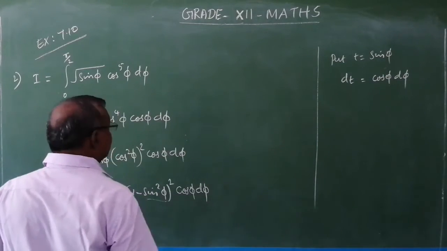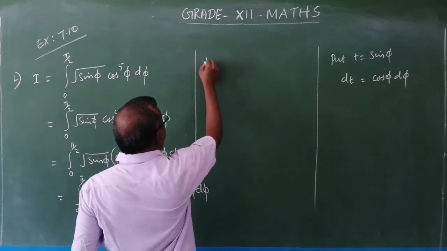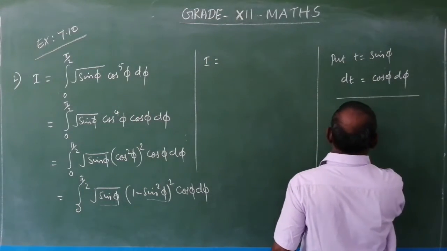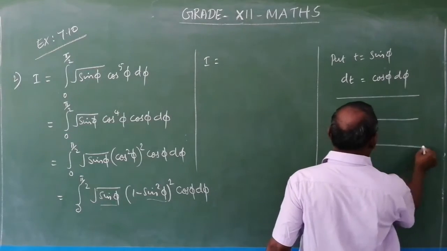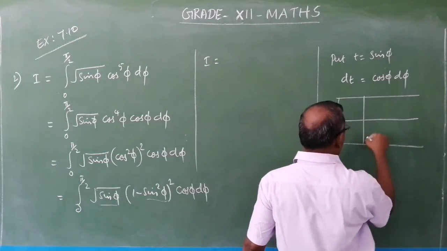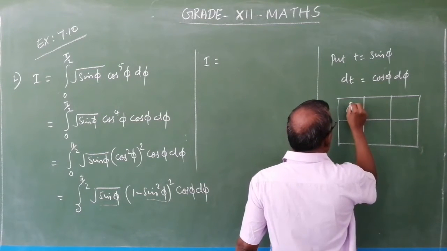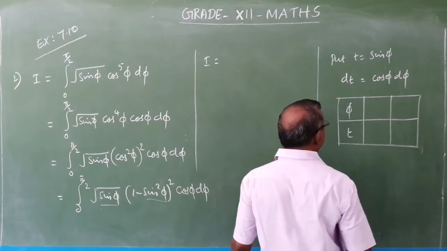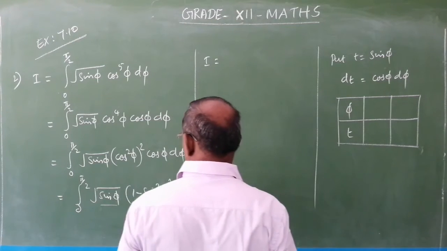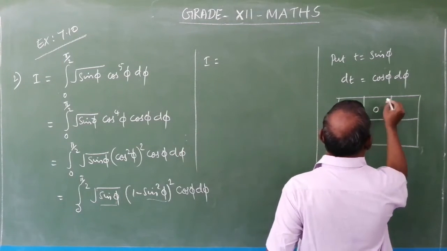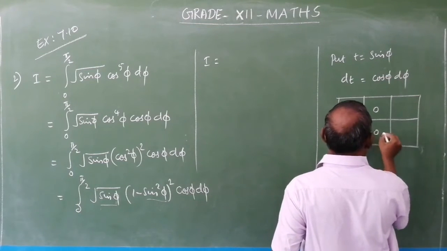So accordingly I equal to, now we have to change the limit also. This is phi and this is t. When phi equal to 0, sin 0 becomes 0.